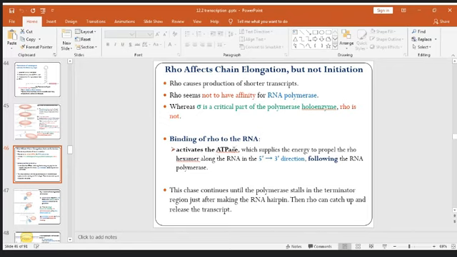The breakdown of ATP supplies energy to propel the rho hexamer along the RNA, moving it from 5' to 3', following the direction of RNA polymerase activity, in order to form that hairpin structure by following the RNA polymerase.